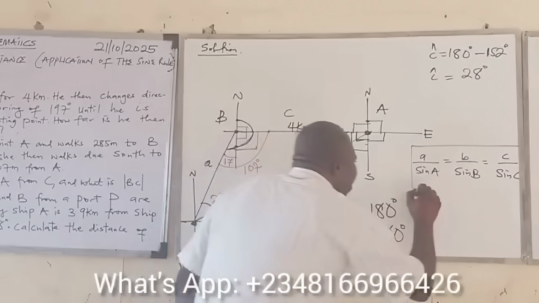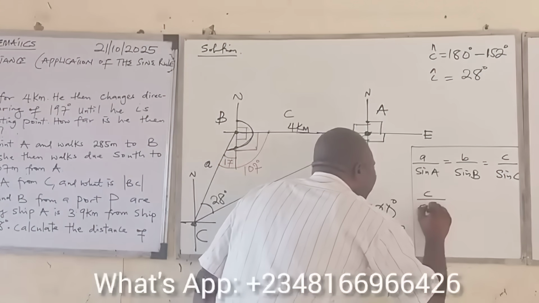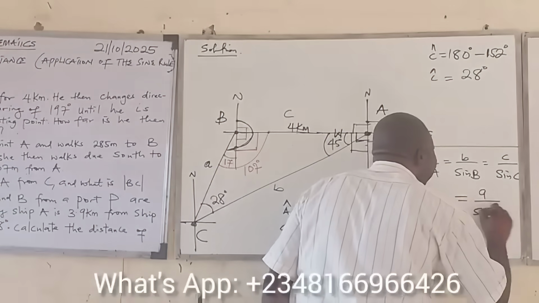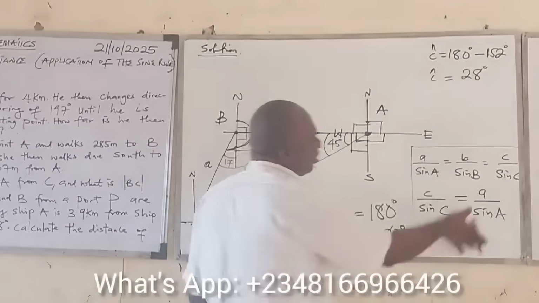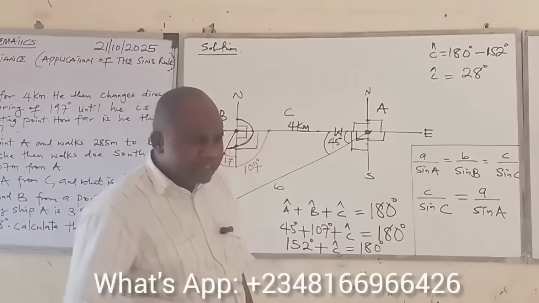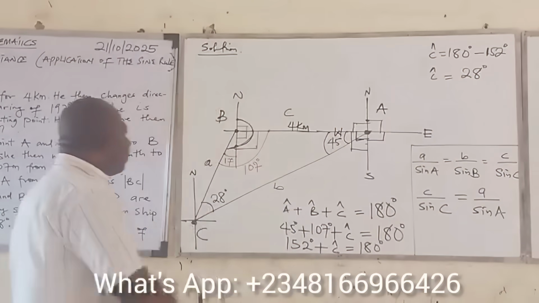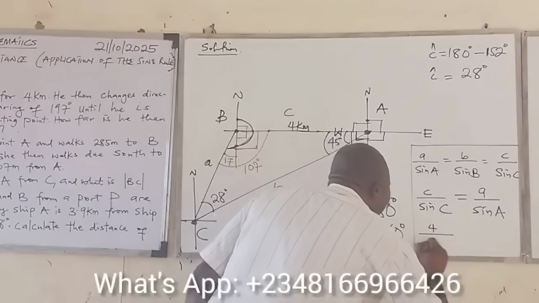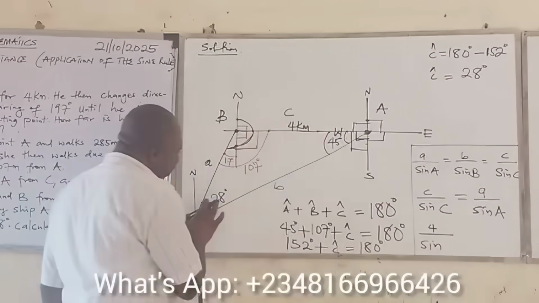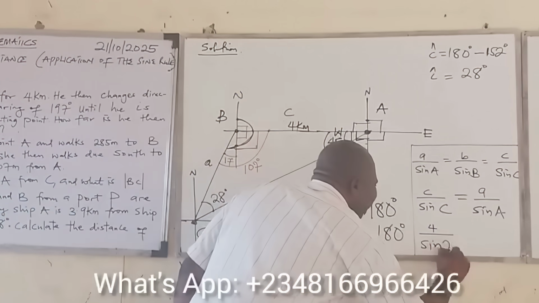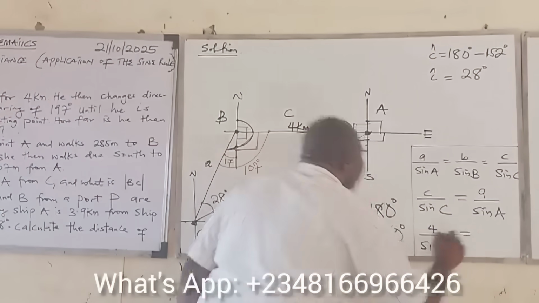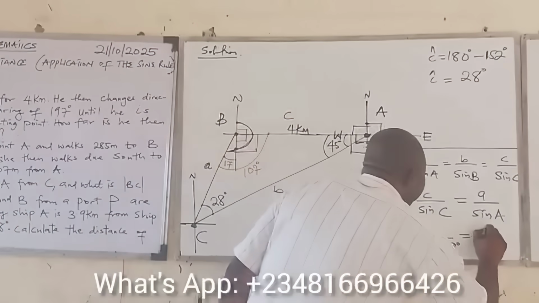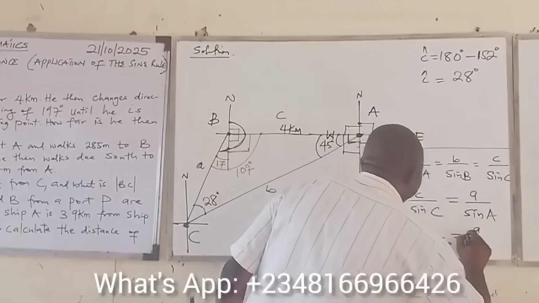So we'll start with c over sine big C is equal to a over sine big A. Now that we know the value of small c to be 4 kilometers, here we have 4 over sine big C, and big C is 28 degrees, so sine 28 degrees is equal to a over sine big A.